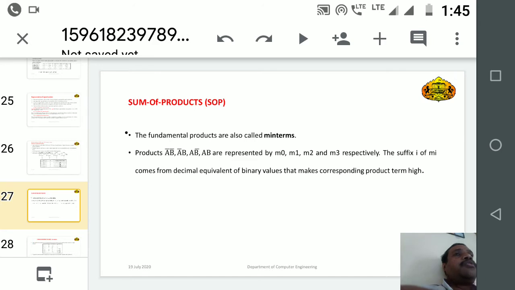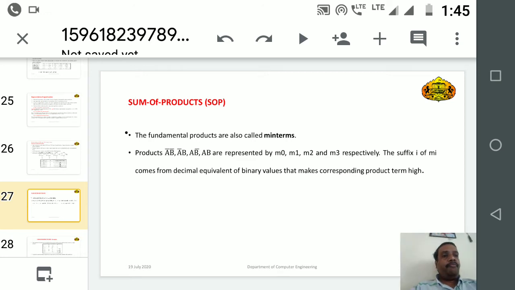So for the SOP, minterms are present, and if you consider the POS, POS is nothing but product of sum. In the POS form, all the terms are known as max terms, and these max terms are represented by capital letter M. This is the main difference between SOP and POS.